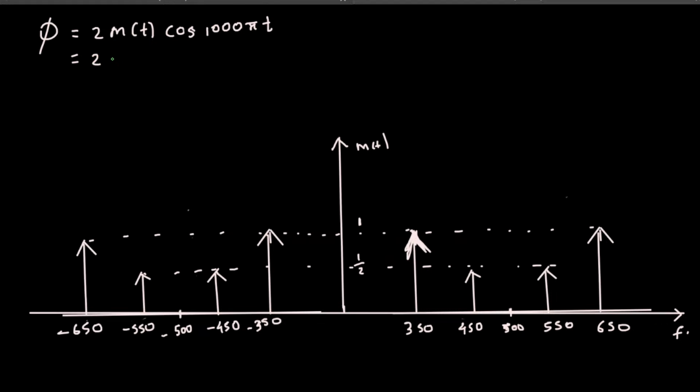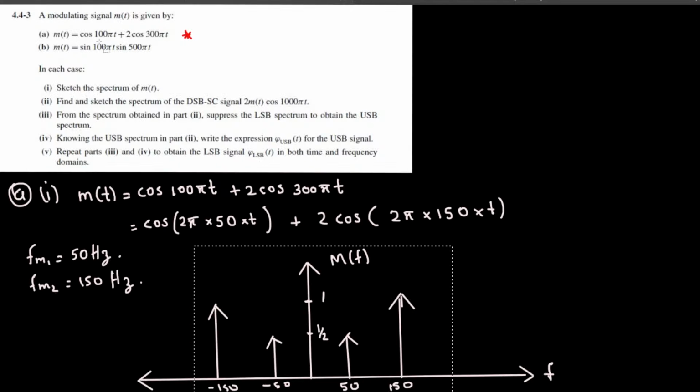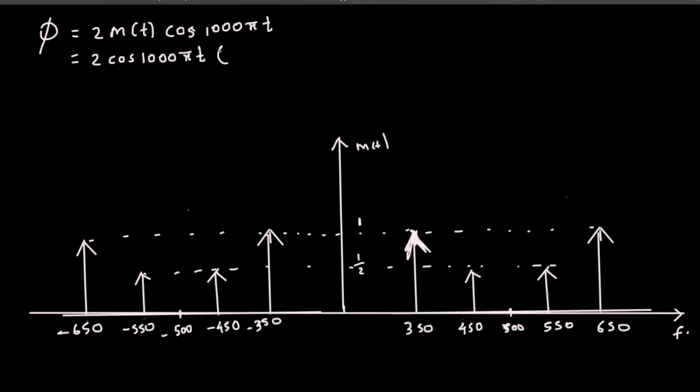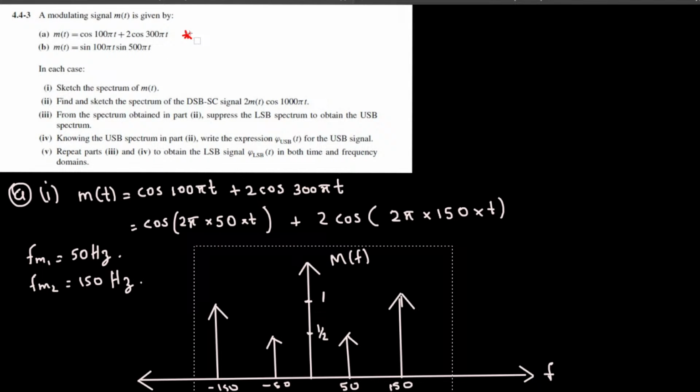So 2 cos 1000 π t, and I plug in the m of t value, that is cos 100 π t plus 2 cos 300 π t.